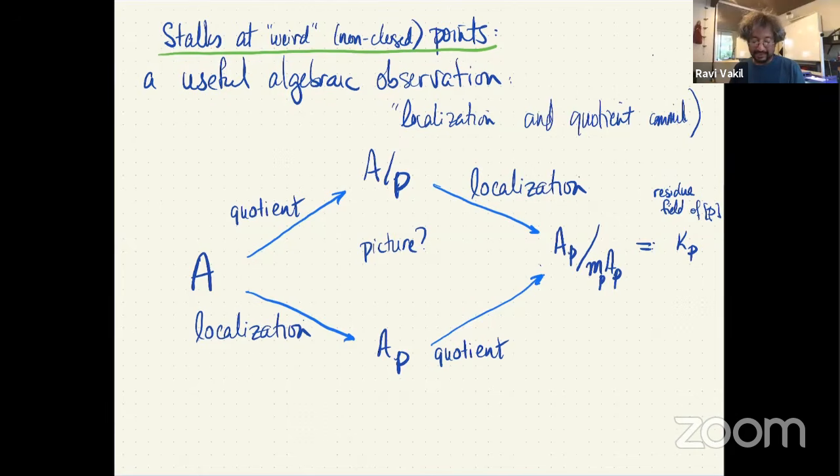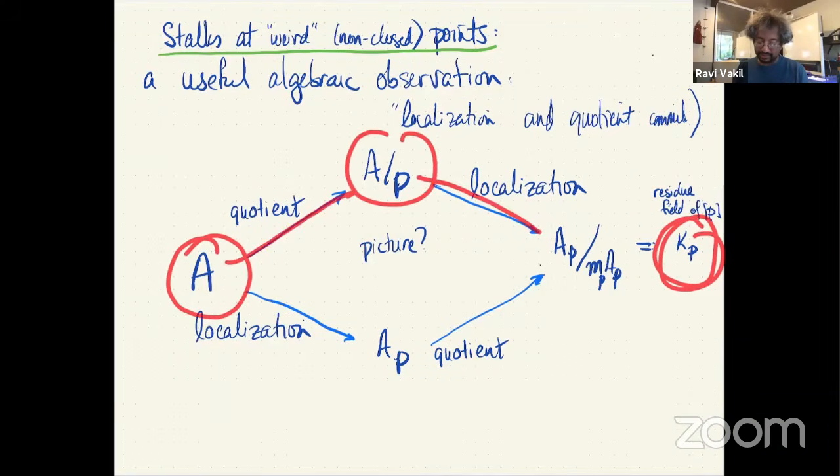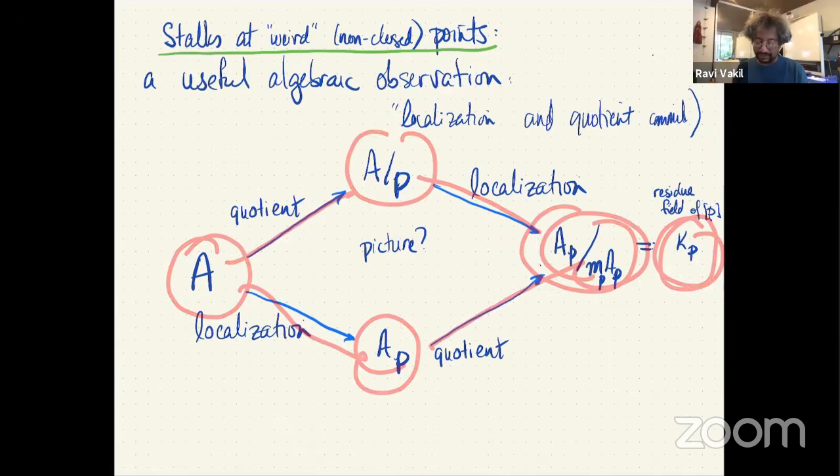And another stalk related thing is that at non-closed points, I just want to make an algebra statement, which I think you may not realize automatically. So at the non-closed points, given a prime ideal, if you want to work out what the stalk is of the structure sheaf, well, you know what it's going to be, and you can get there by either quotienting and then localizing, or by localizing and then quotienting, and the order doesn't matter.